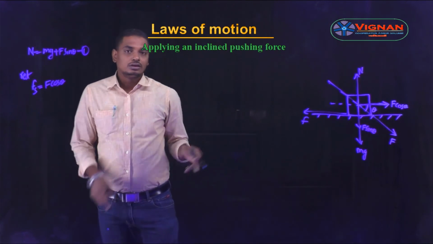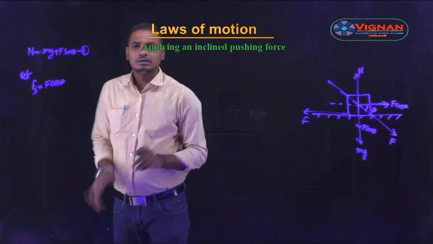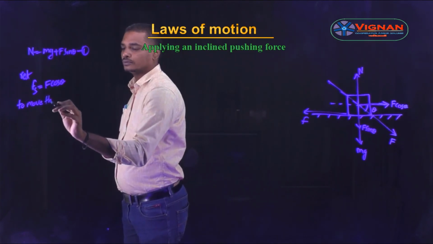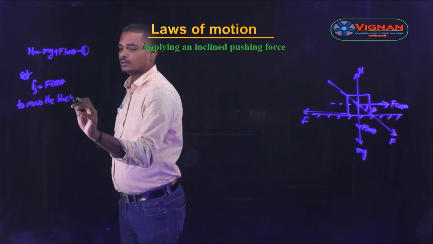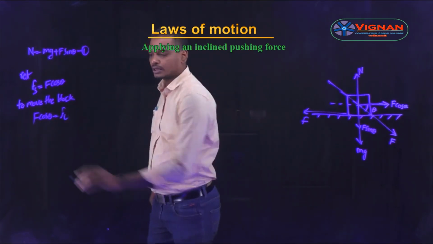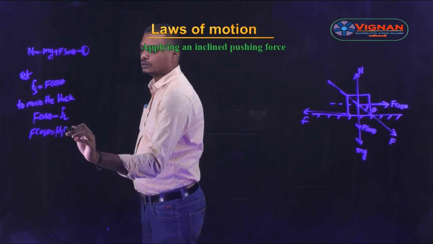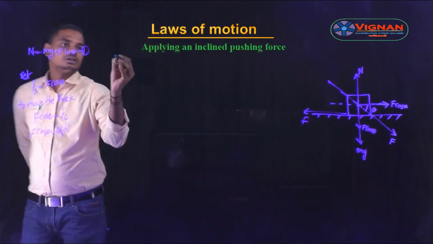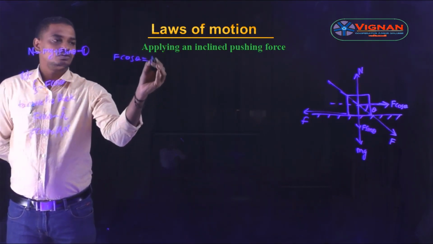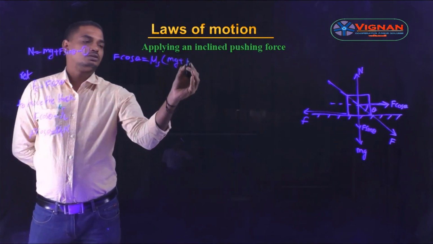To tend to move the body, the minimum force that should be applied is equal to the limiting friction. So to move the block, this F cos theta should be equal to the limiting frictional force FL. So F cos theta is equal to FL, which is nothing but mu s into N. By substituting the value of N, F cos theta is equal to mu s into mg plus F sin theta.